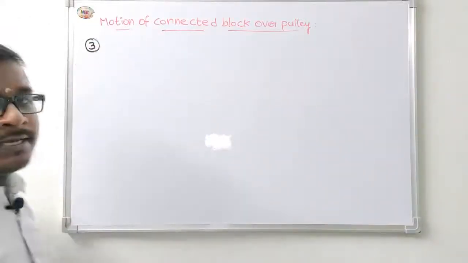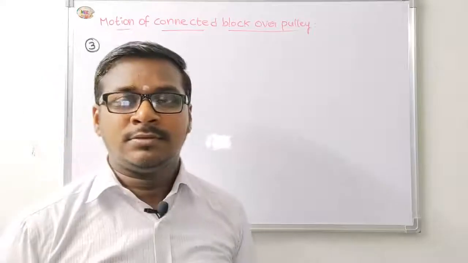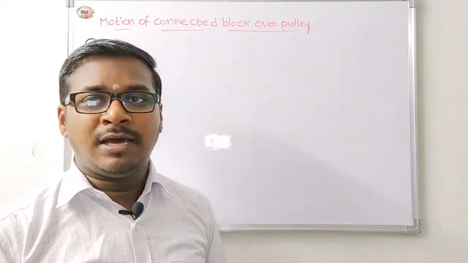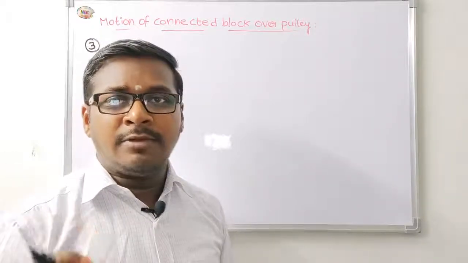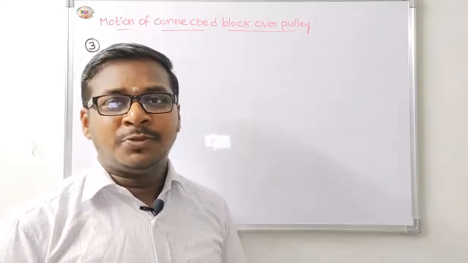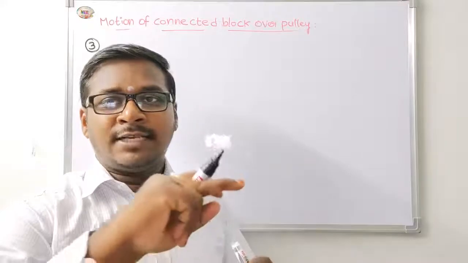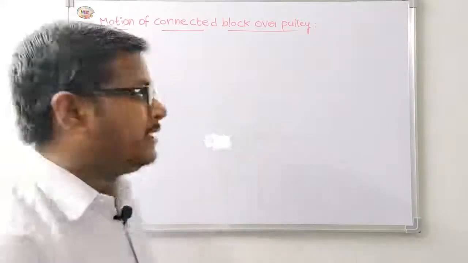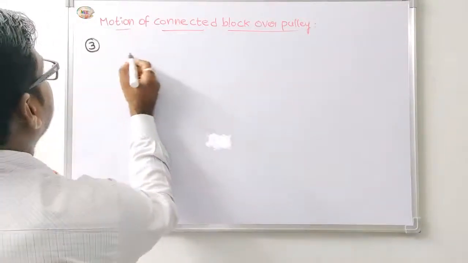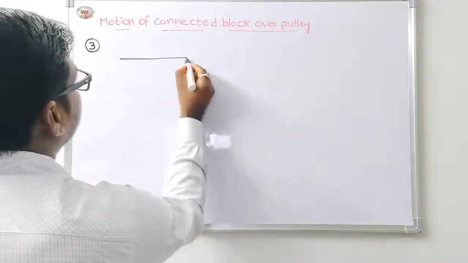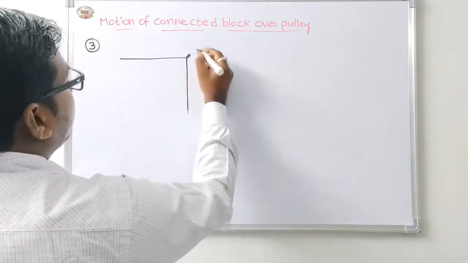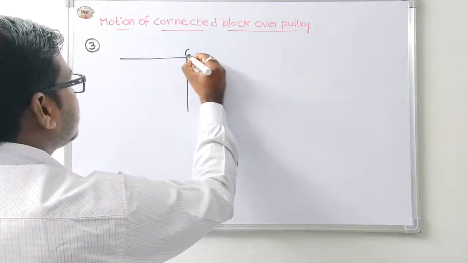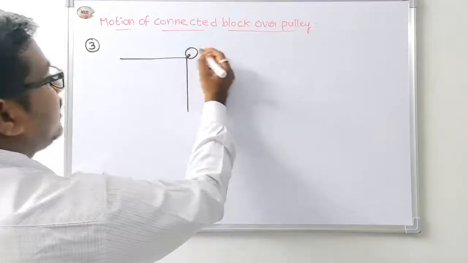Let us consider two blocks A and B of masses m1 and m2 respectively. These two blocks are connected through a pulley on a table. The corner of the table is fixed with a pulley.